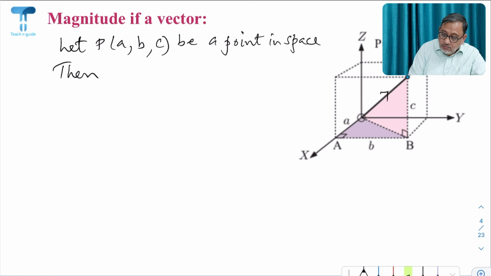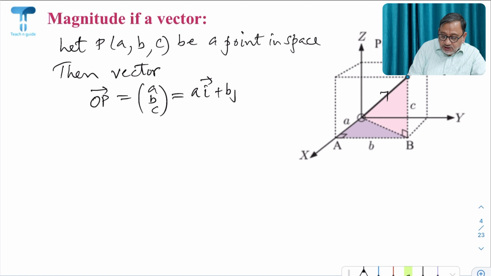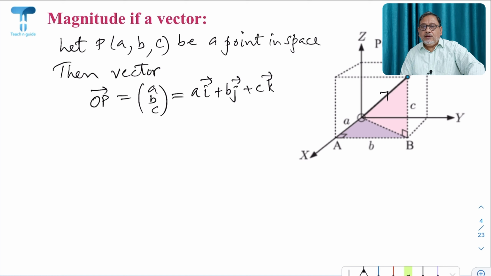then vector OP is equal to (a, b, c), isn't it? As we have learned in the last part, or ai plus bj plus ck, in unit vector form. Okay, now we want to find the magnitude of OP.